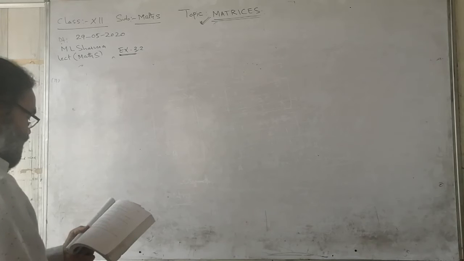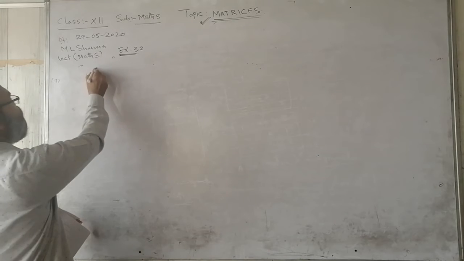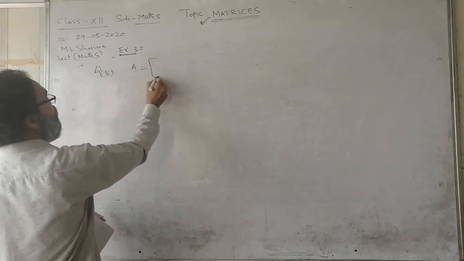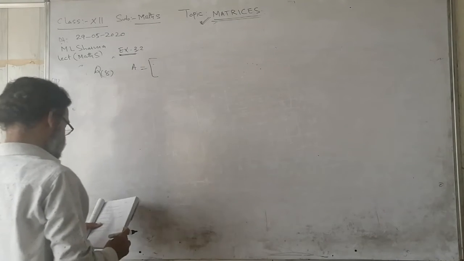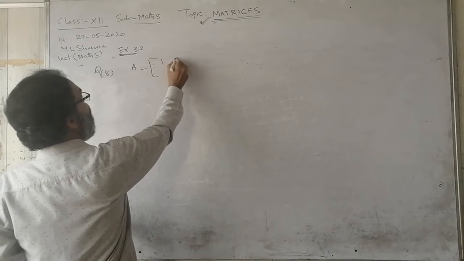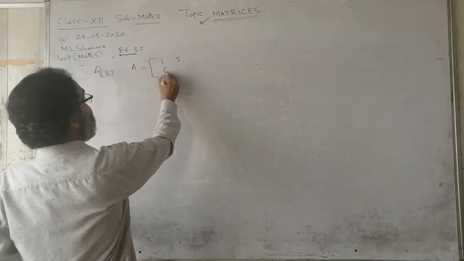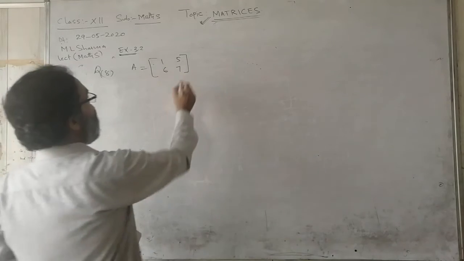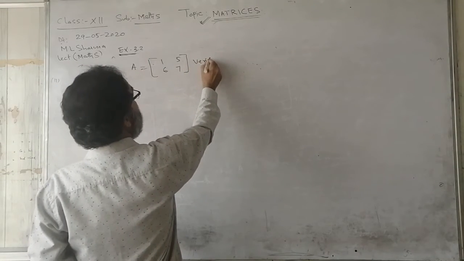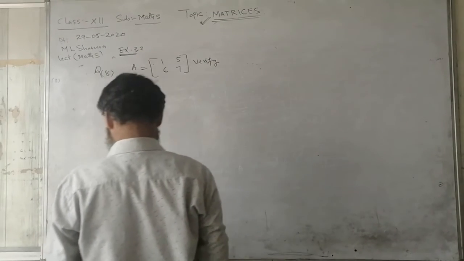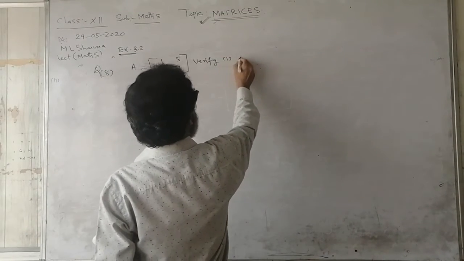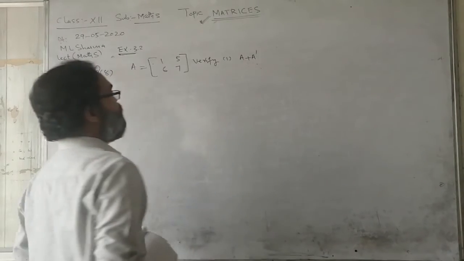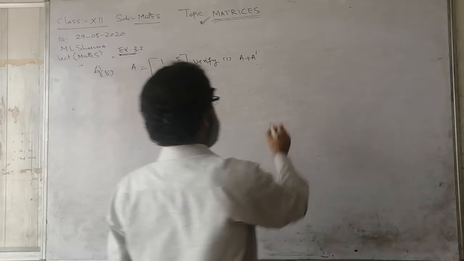The next question says matrix A is given. It is a 2 by 2 matrix: 1, 5, 6, 7. 2 by 2 matrix is given. You have to verify that part first, A plus A transpose is symmetric.